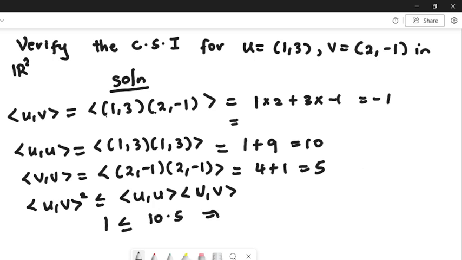But 10 times 5 is 50. So 1 is less than or equal to 50, which is true because 1 is less than 50. But now, it's supposed to be less than or equal to. So in our case, we are getting strictly less than. So it satisfies the Cauchy-Schwarz inequality.